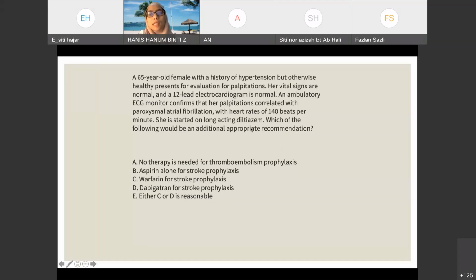Kalau soalan tu cakap patient is having problems going to the hospital for monitoring because tak ada orang nak bawa dia, then your option would be dabigatran because dabigatran tak require monitoring parameters.